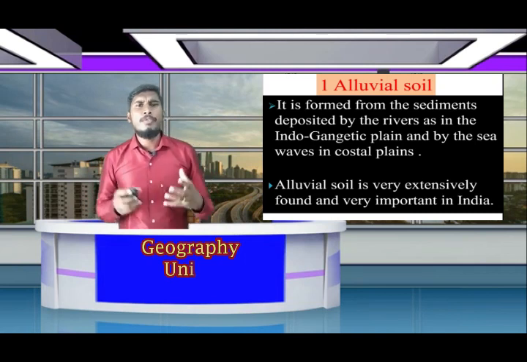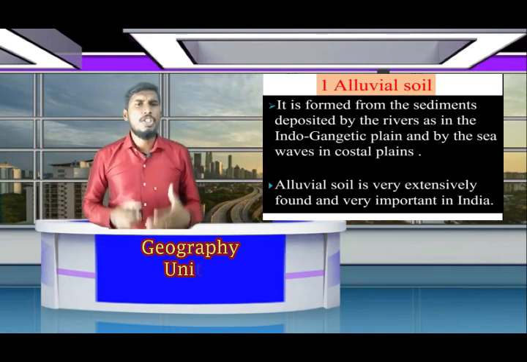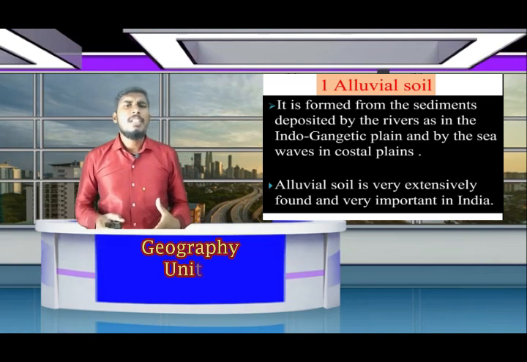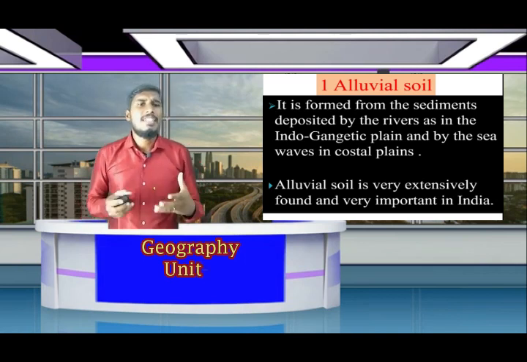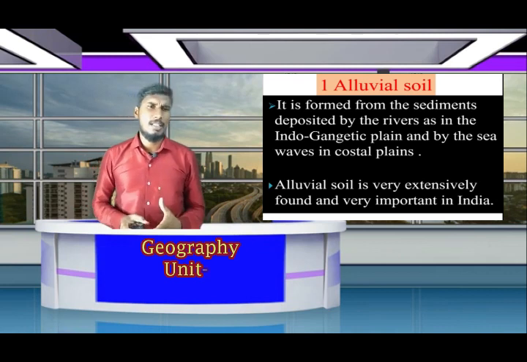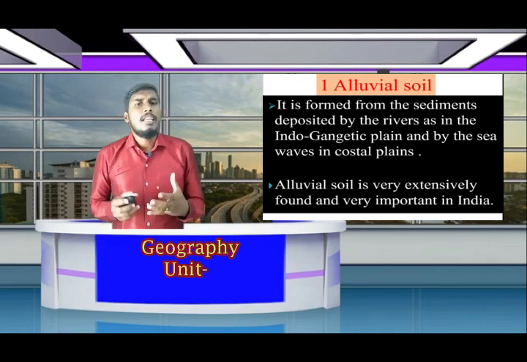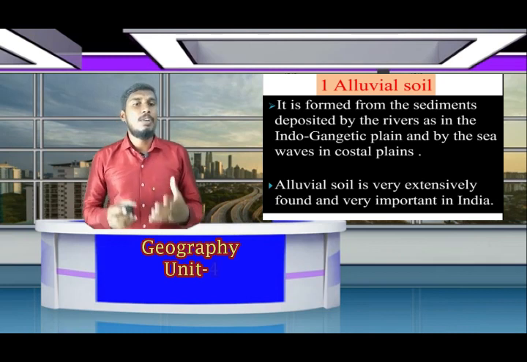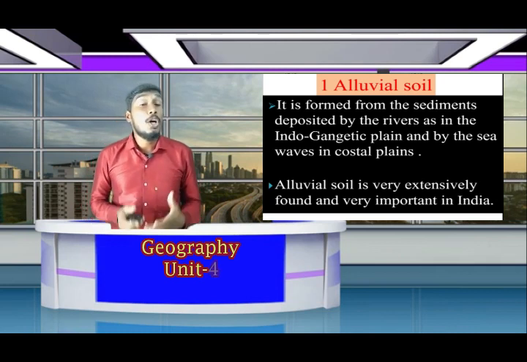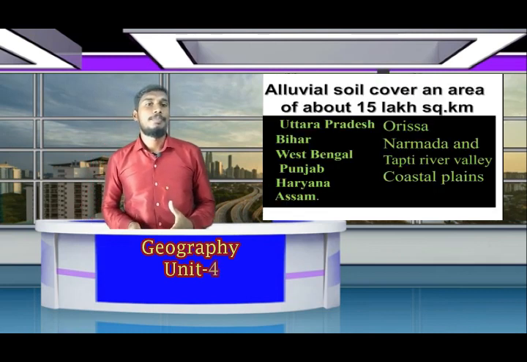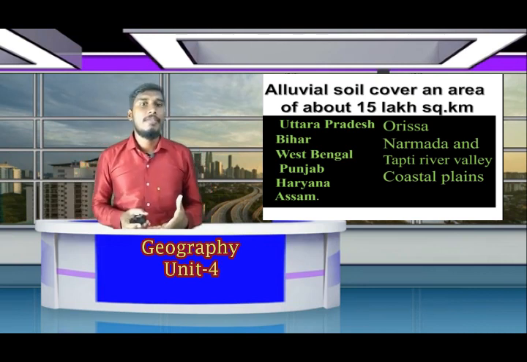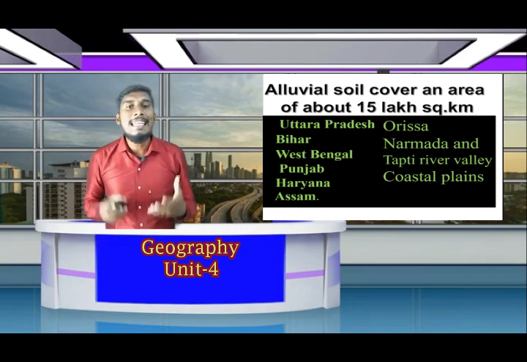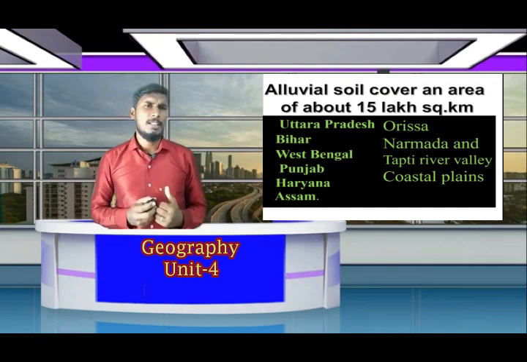It is formed from sediment deposited by the rivers as in Indo-Gangetic plains and by the sea waves in coastal plains. Alluvial soil is very extensively found and very important in India. It covers an area of about 15 lakh square kilometer.